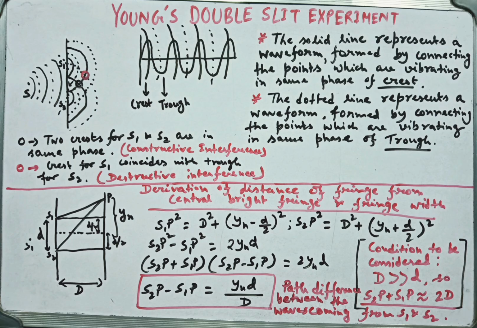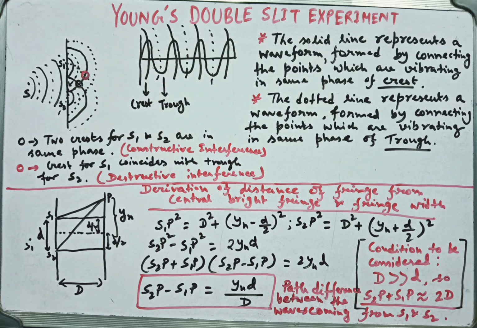Now the solid line represents a waveform formed by connecting the points which are vibrating in the same phase of crest, and the dotted line represents a waveform formed by connecting the points which are vibrating in the same phase of trough.